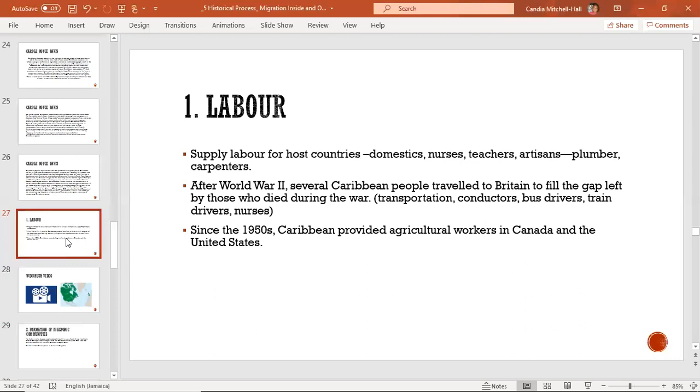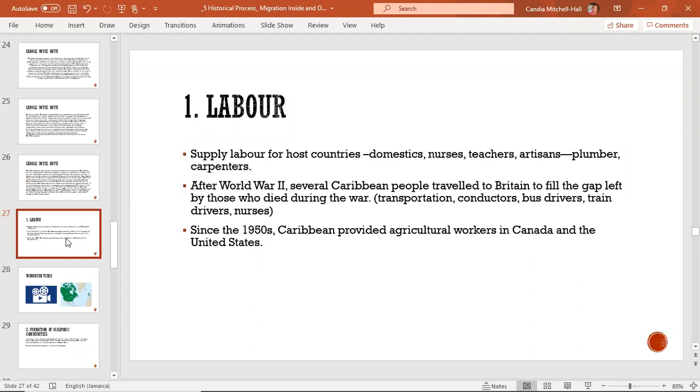Caribbean people traveled to Britain to fill the gap left by British people who died during the Second World War, or persons who were not able to work as a result of the physical damage that they received to their bodies after the war.